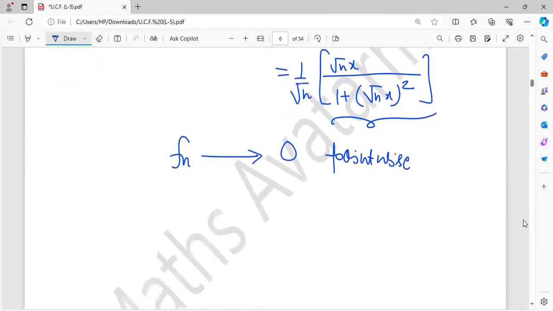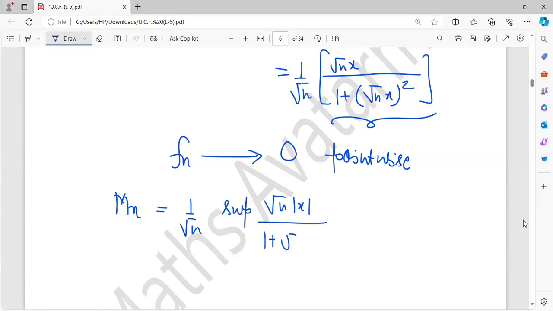And what will the Mn be here? You can check Mn will come out as the supremum of under root n x upon 1 plus under root n x square. And its supremum will be attained at x equal to plus minus 1 upon under root n.